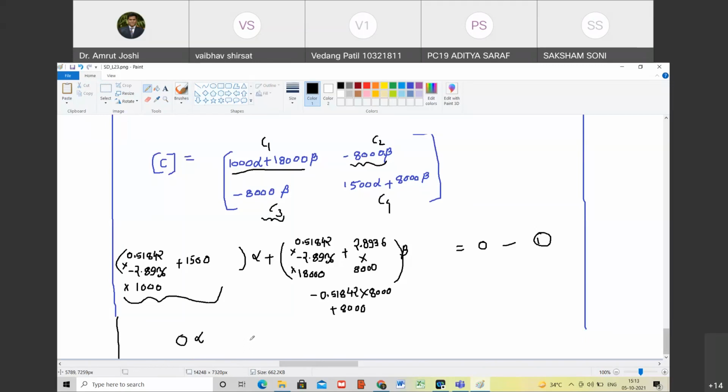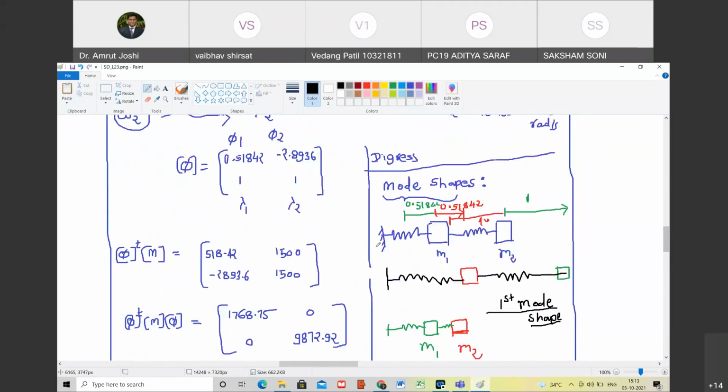नहीं तो ये ऐसे कैसे होगा? Have we made some error? Because if 0 times alpha, then alpha and beta 0 आ गए तो C मैट्रिक्स ही 0 हो जाएगा. ऐसे तो हो नहीं सकता. 1 minute.